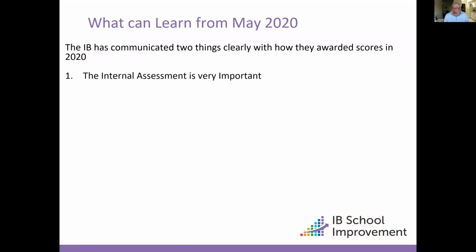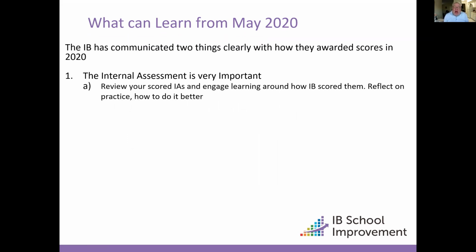Number one is the internal assessment is extremely important and has a significant effect in student outcomes. We suggest that you review your IA scores from last year and engage in learning around how IB scored them, reflect on that practice and how to do better, okay? Because we know that's going to be extremely important.